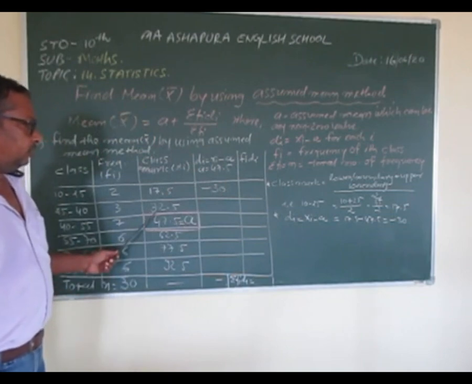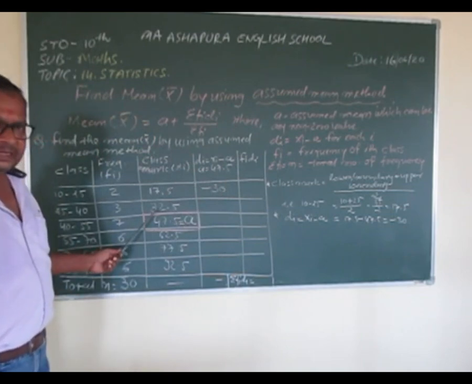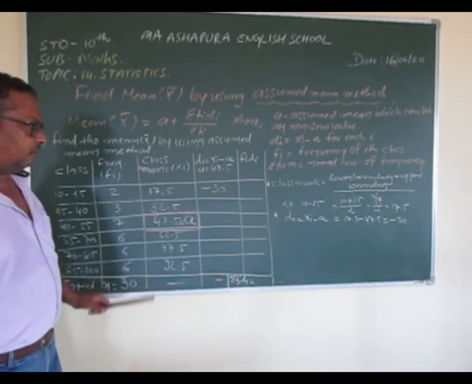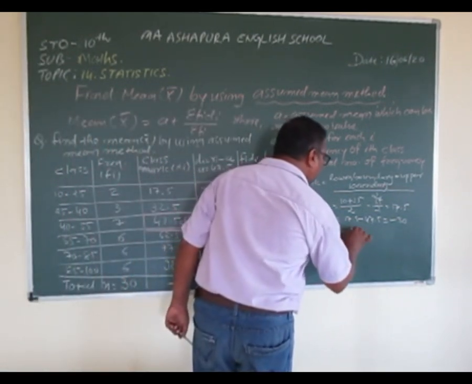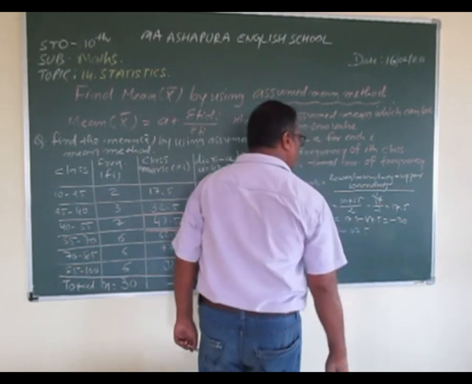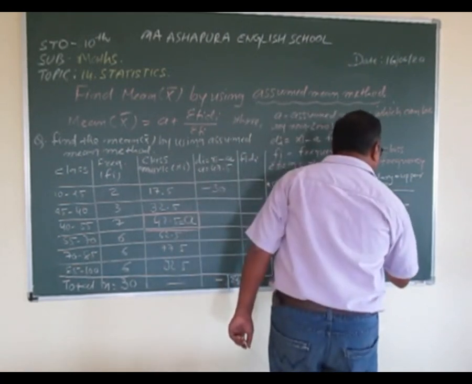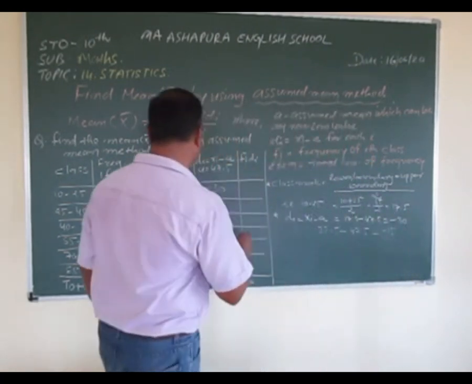Next one, 32.5, our x2 value, and a is equal to 47.5, and we get minus 50.